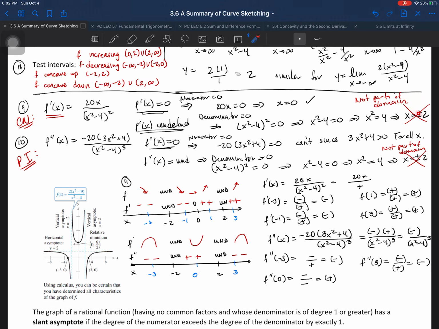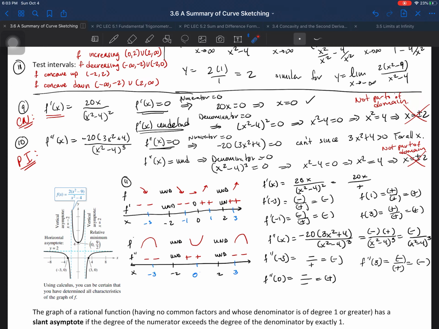Even though these are not critical numbers, they're still going to be useful in the number line because things can change in between those two. Not in this example, but you will see in other examples that they do change. So you must include negative 2 and 2 in the number line.